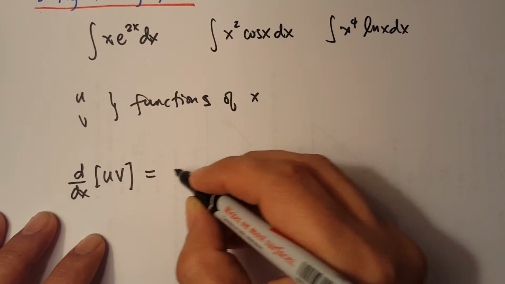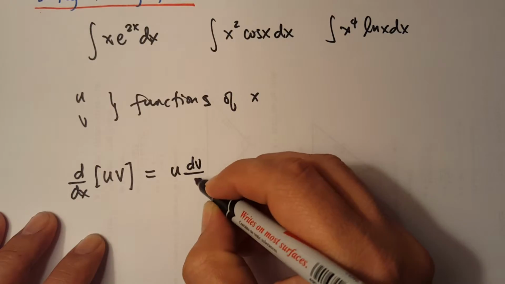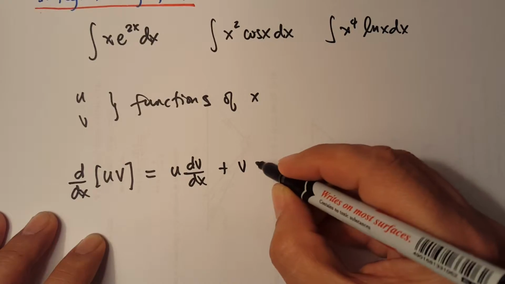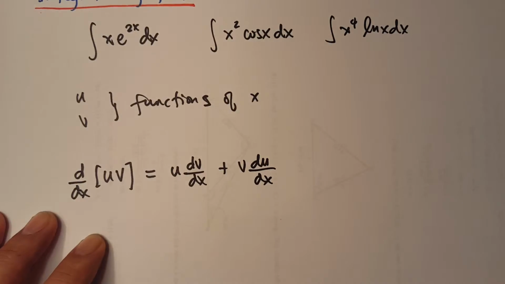Applying the product rule, we get the result u times dv over dx plus v times du over dx.